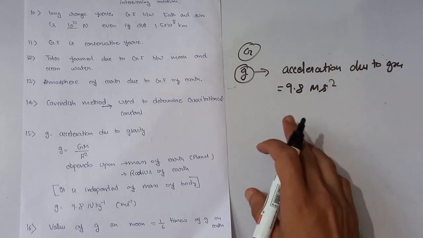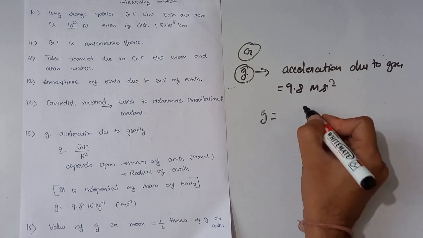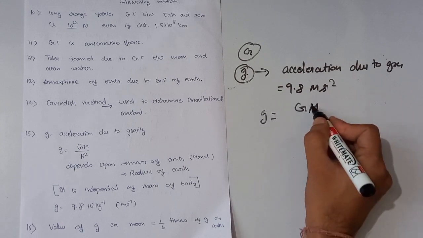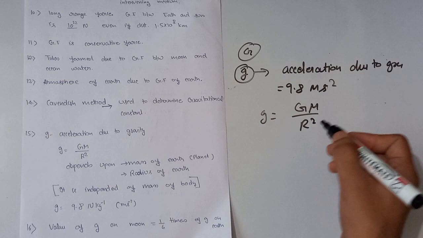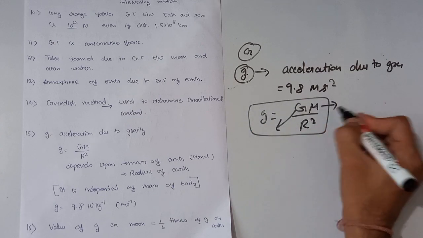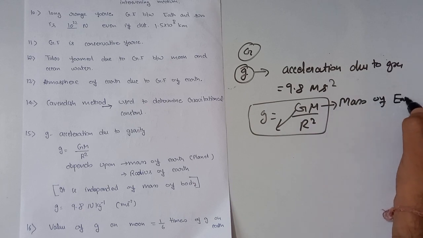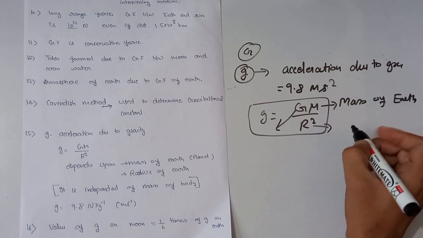This g is equal to capital G capital M divided by R square, where capital G is the gravitational constant, capital M is the mass of Earth, and R is the radius of Earth.